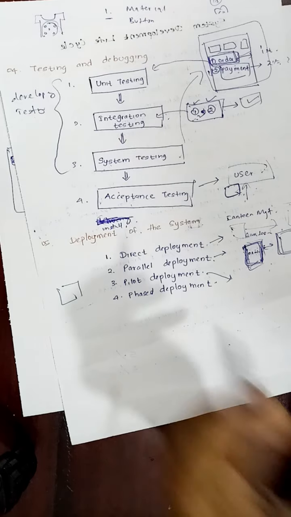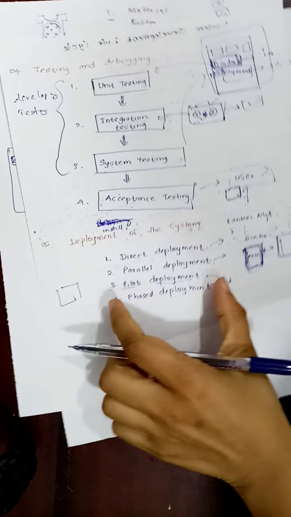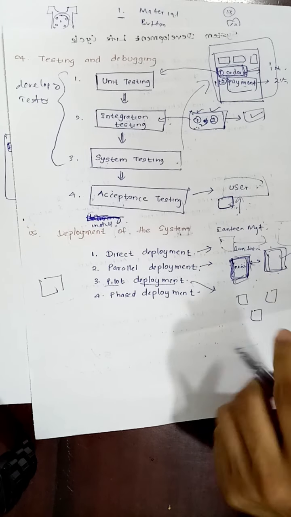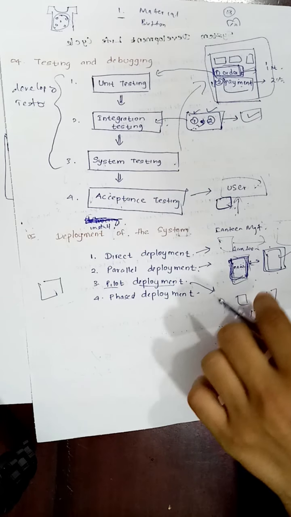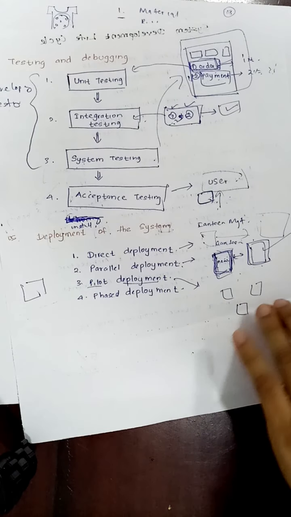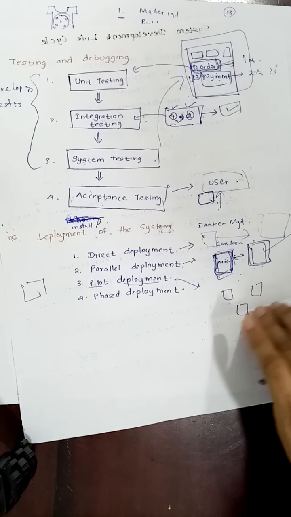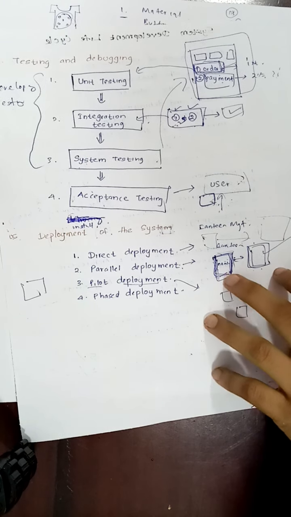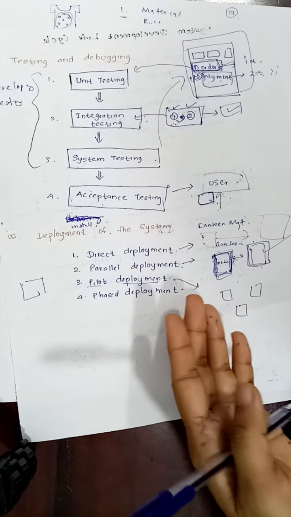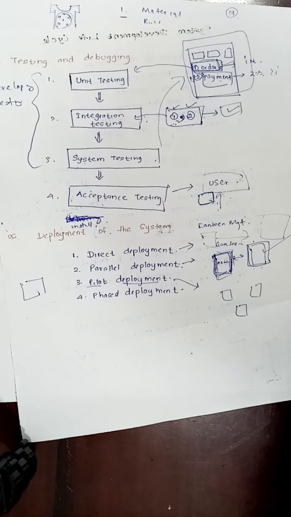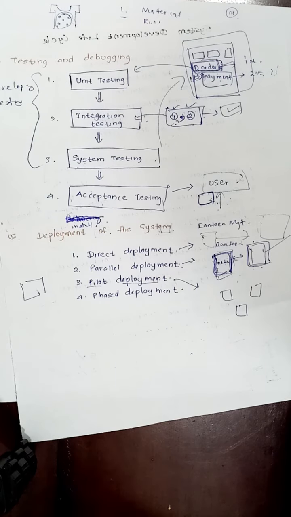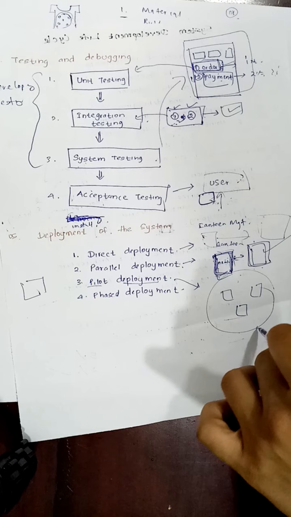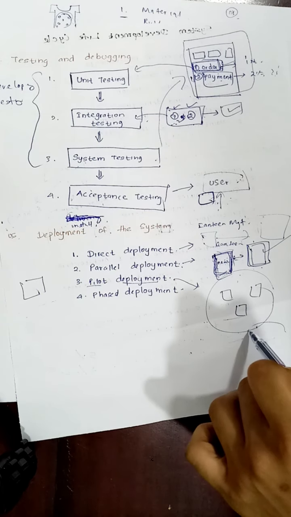Before that, what they will do, pilot deployment means, first they will deliver to 1 or 2 schools, and they will check whether this software is okay for that canteen. If they think it is okay for these specific 3 or 4 school canteens, then they will install it in all canteens around the country.